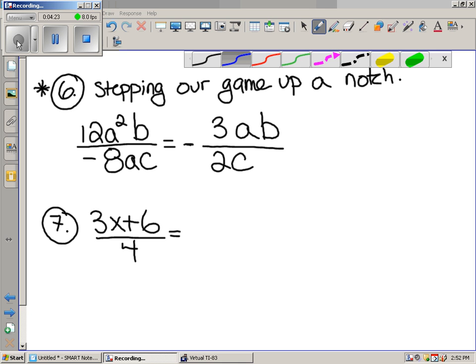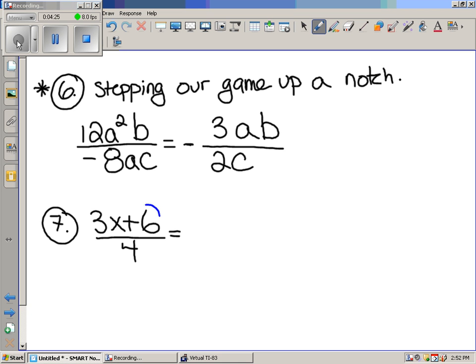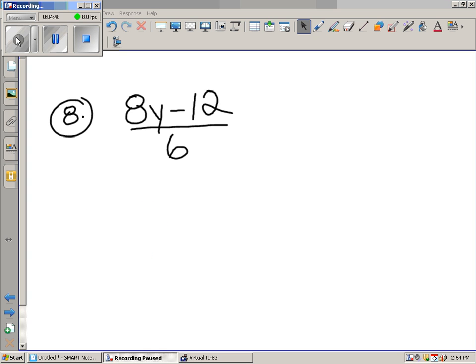Besides 1, does anything else go into those numbers? Now, 2 is a great suggestion. 2 goes into 4 and 6, but 2 does not evenly divide into 3. Does anything divide into all 3? No, and if that's the case, then the fraction is in simplest form and there is nothing more that you can do except write it over. And the problem's done.